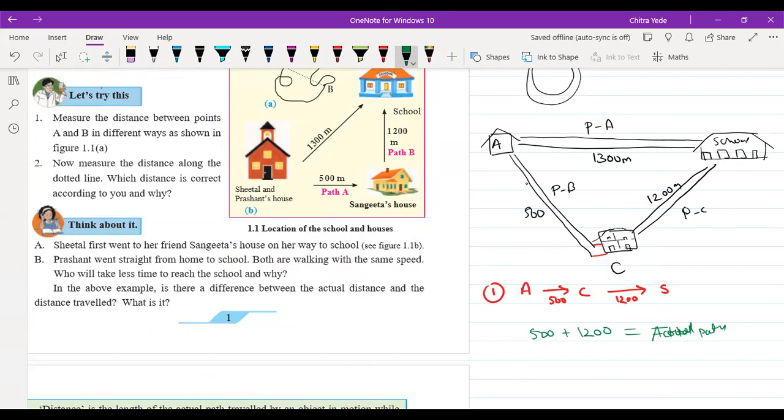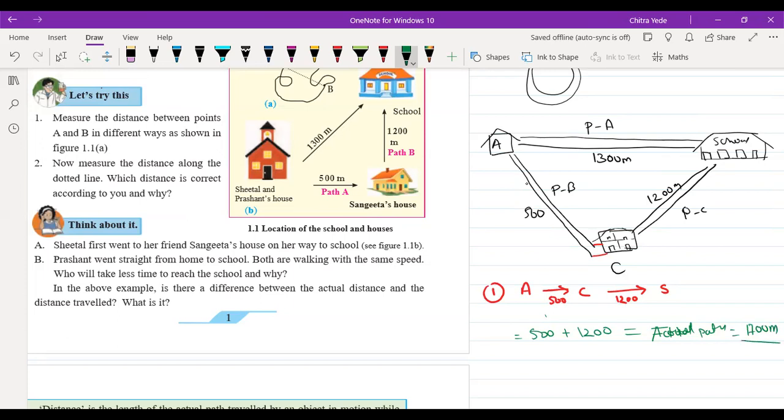But if you think, the shortest distance from Arham's home to school will be shorter than the actual path. So the total distance will be 1200 plus 500, which is 1700 meter.